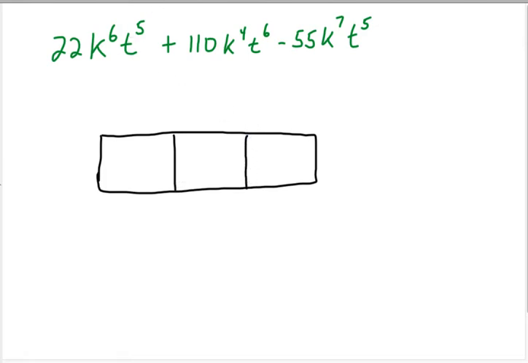So we have 22k6t5 plus 110k4t6, so that 4 is kind of hard to read, and then minus 55k7t5. Okay. Now there's a bunch of letters in this one, so rather than writing them all out, we're going to take a little shortcut here.